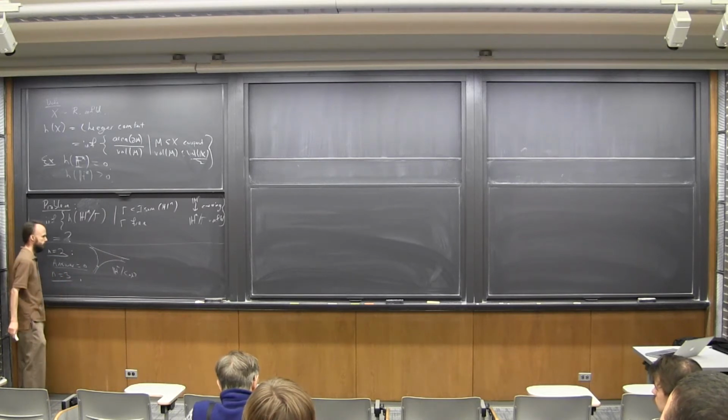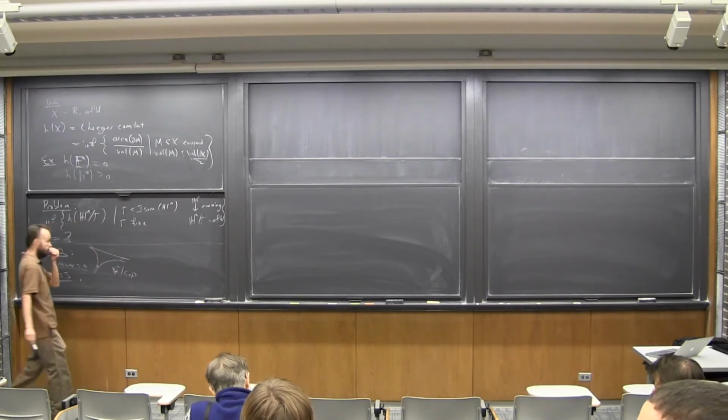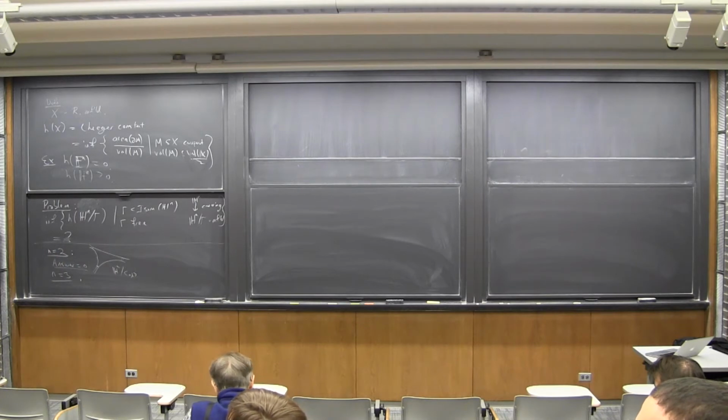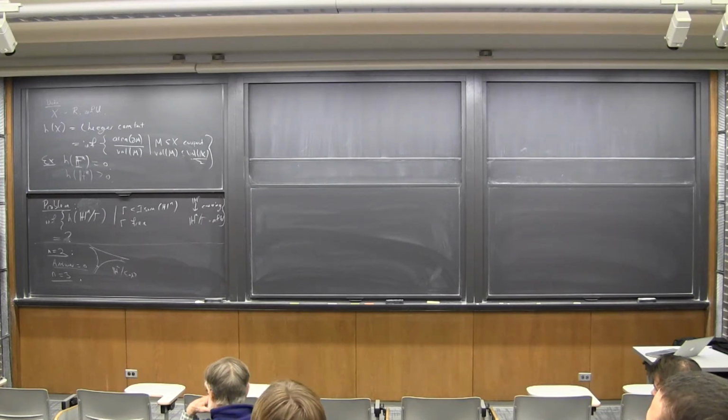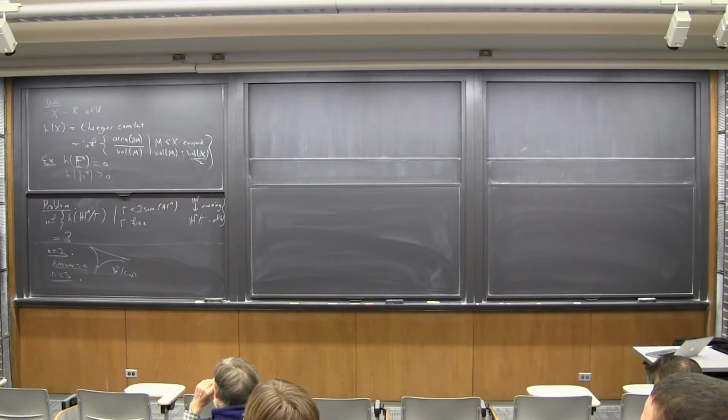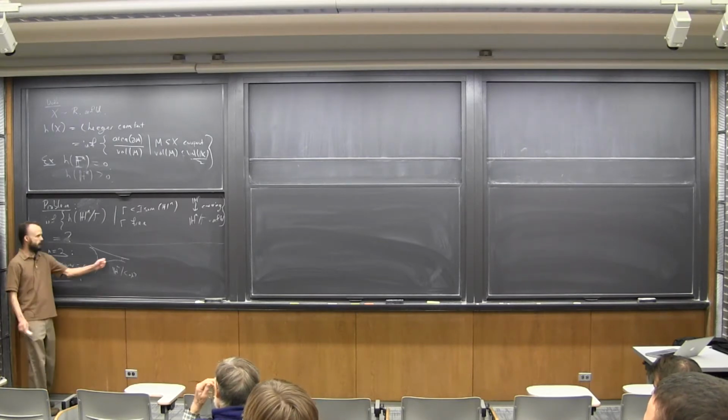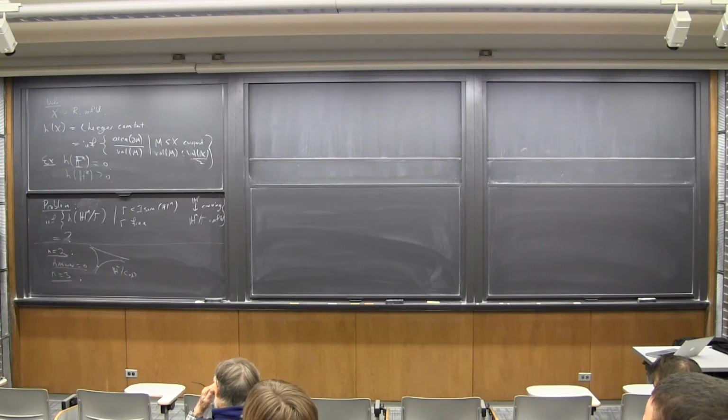For n equals 3, is it the case that this happens only if the injectivity radius goes to 0? I suppose so. I don't think it's just a matter of injectivity radius.